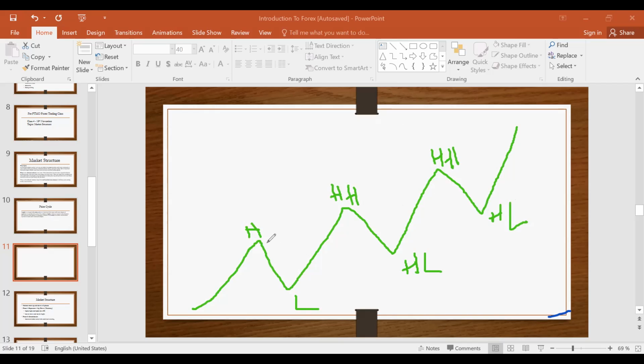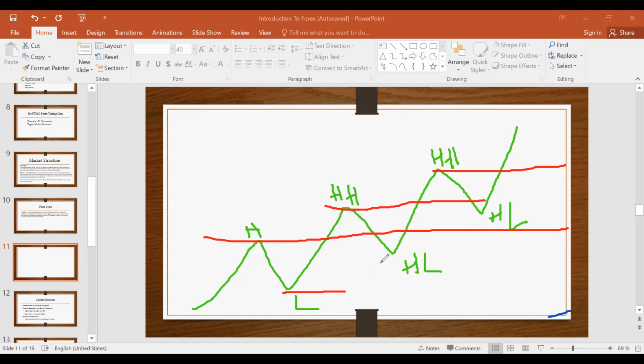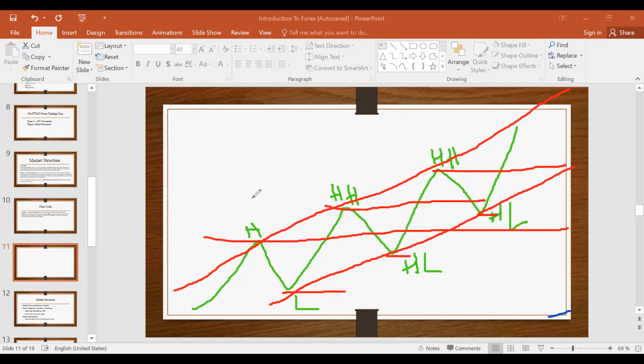So what do we mean by higher high? It means that if you measure this, this one is higher, and that is even higher, so it's a higher high. And the lows are: this is a low, this is a higher low, this is a higher low. So when the market moves from a high to a higher high, and simultaneously from a low to a higher low, we say the market is trending.